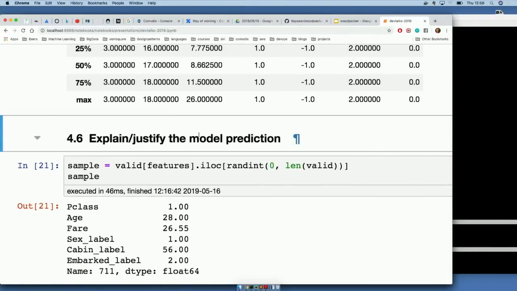Yes, and the second idea I started to create a library for is to help me explain or justify the model prediction to technical or non-technical people, especially for decision trees. It happened to me to be asked why my model has this prediction, like 0.2, 0.9, and so on.